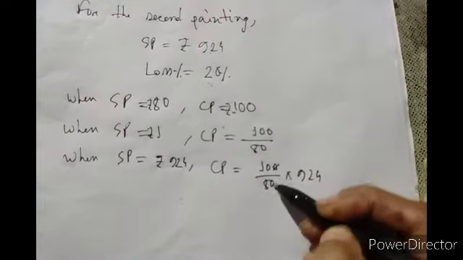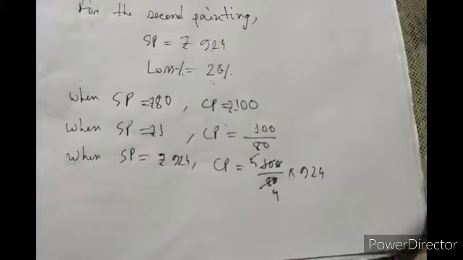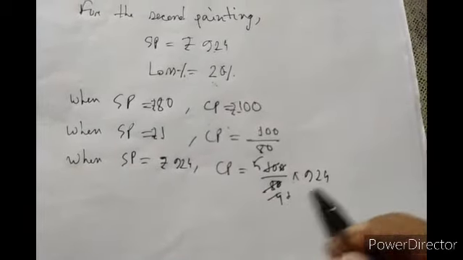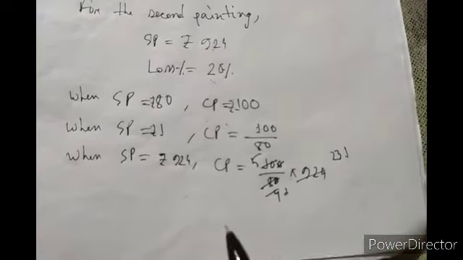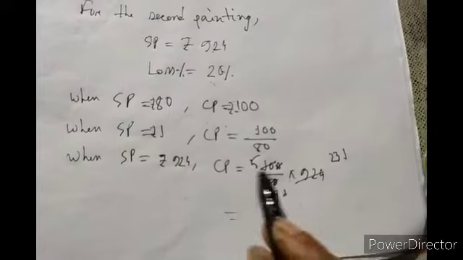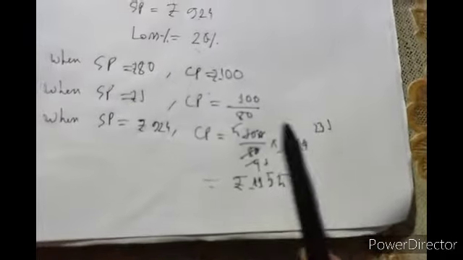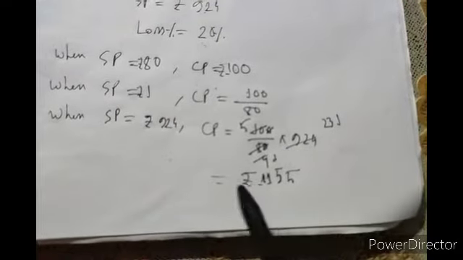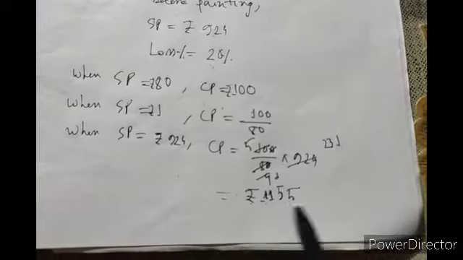Now see, you can cut 10. 2 4s are 8, 2 5s are 10, 4 1s are 4, 4 2s are 8, 4 3s are 12, 4 1s are 4. So 5 into 231, we will get cost price equal to rupees 1155.